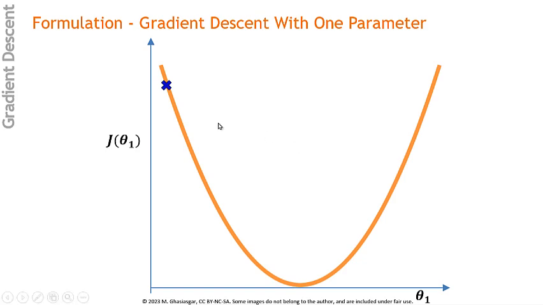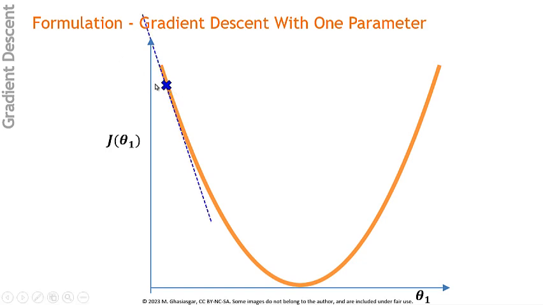So if we start at this value for theta 1, what's the direction of decrease? Well, if you only have one variable, there are only two directions. You go to the right or to the left. So it's pretty obvious I want to go to the right. Now, the other question is, how far do I go to the right? And that's what we're going to discuss as this presentation unfolds.